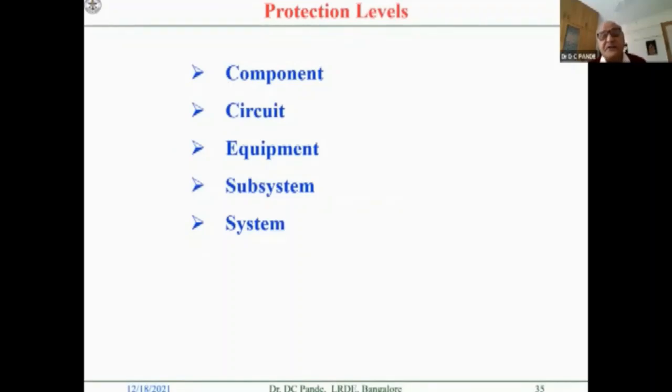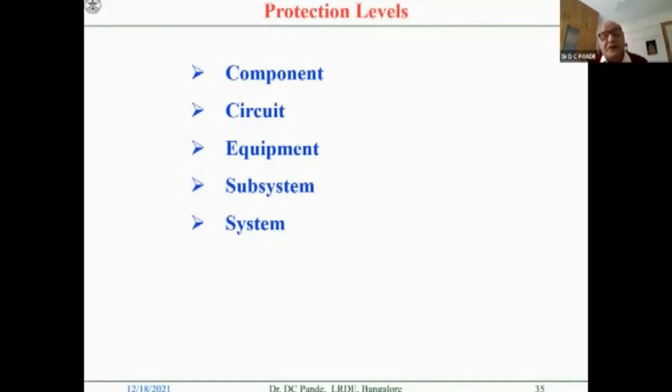You work at the component level, the circuit level, the equipment level, the subsystem level, and then the system level. So it goes from the bottom up, right from the design stage: component selection, circuit design, equipment design, subsystem design, to system design. The different incorporations have to be done.